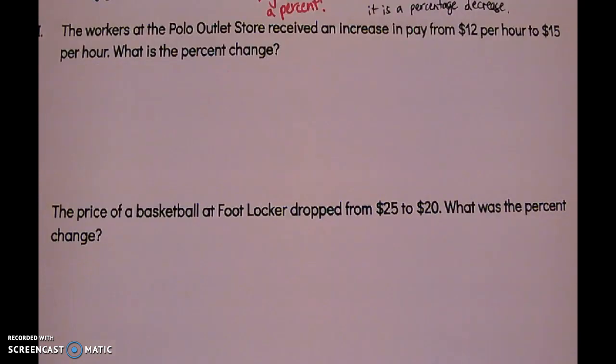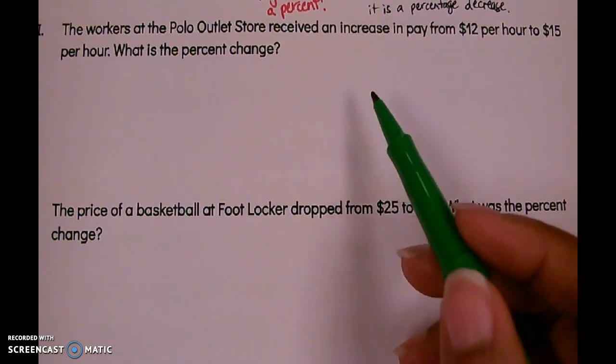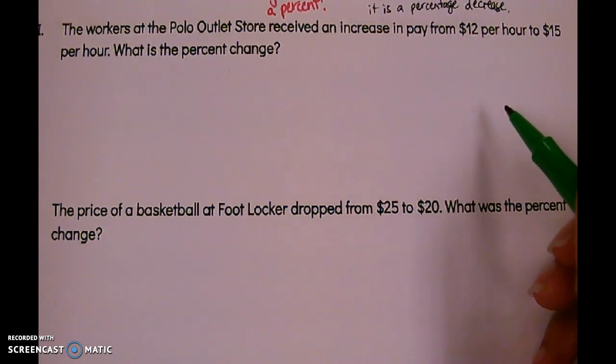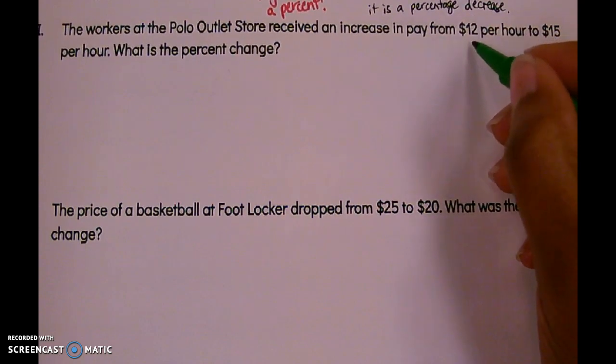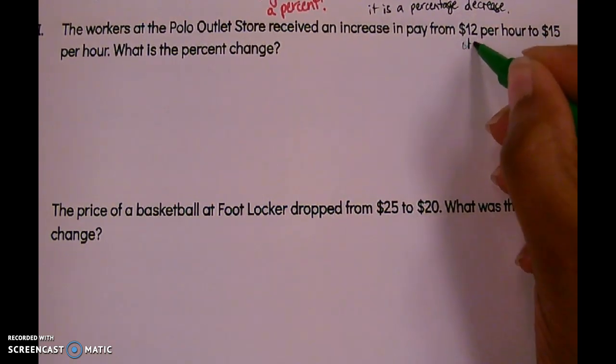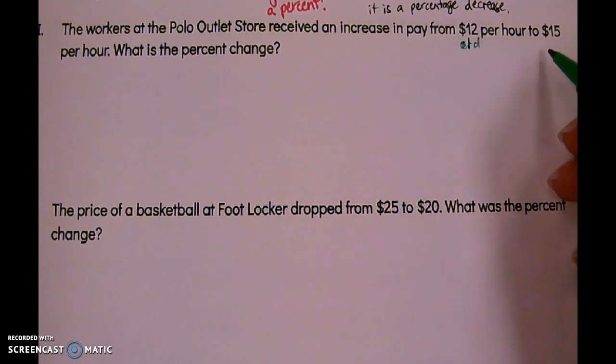The workers at the Polo outlet store receive an increase in pay from $12 per hour to $15 per hour. What is the percent change? The first thing I'm going to do is identify my new cost or my new value and my old value. I know that $12 was the old value and 15 is my new value.